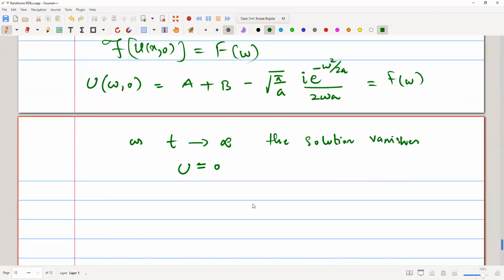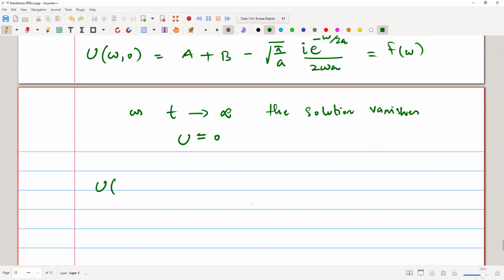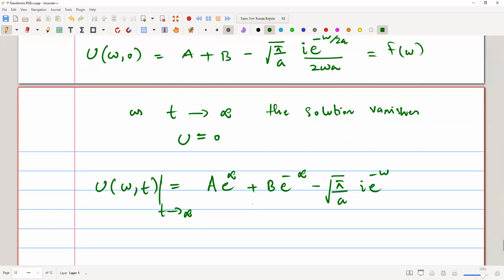So we can say that u of omega comma t, as t goes to infinity, is a e to the power infinity plus b e to the power negative infinity minus square root pi over a iota e to the power negative omega squared over 2a over 2 omega a.